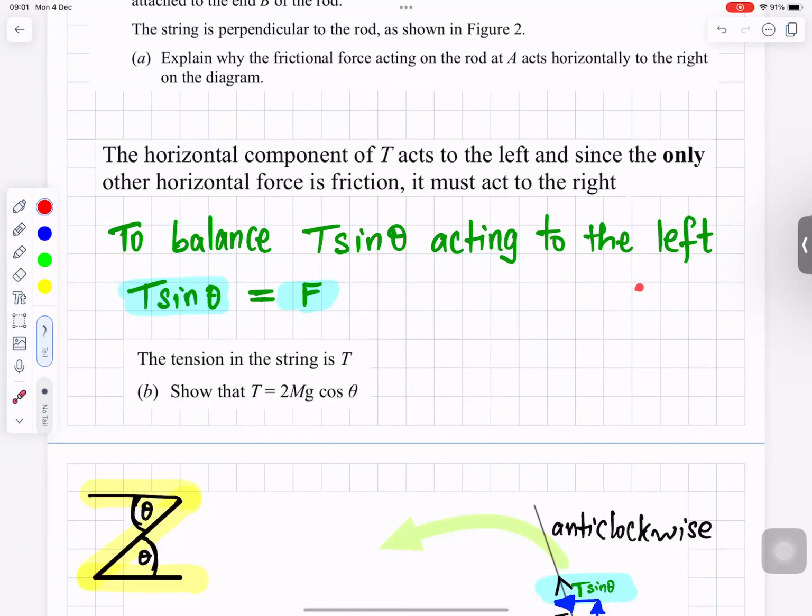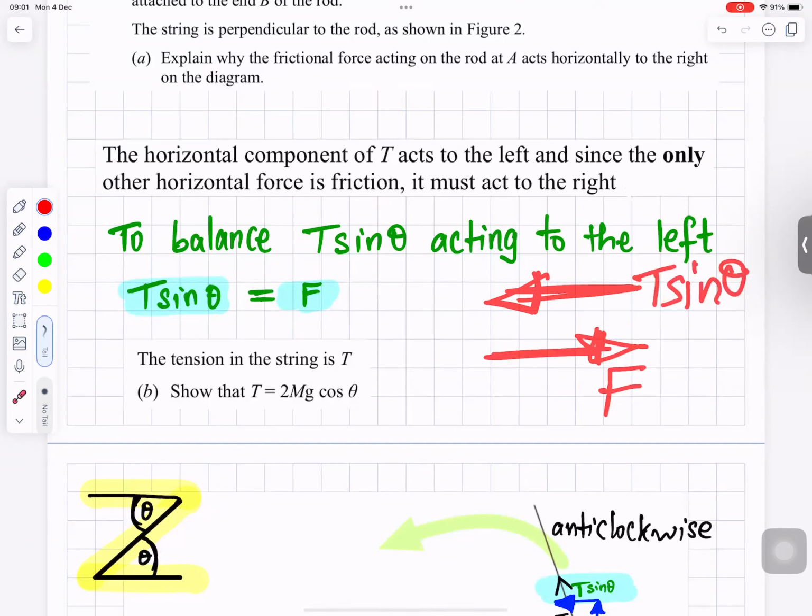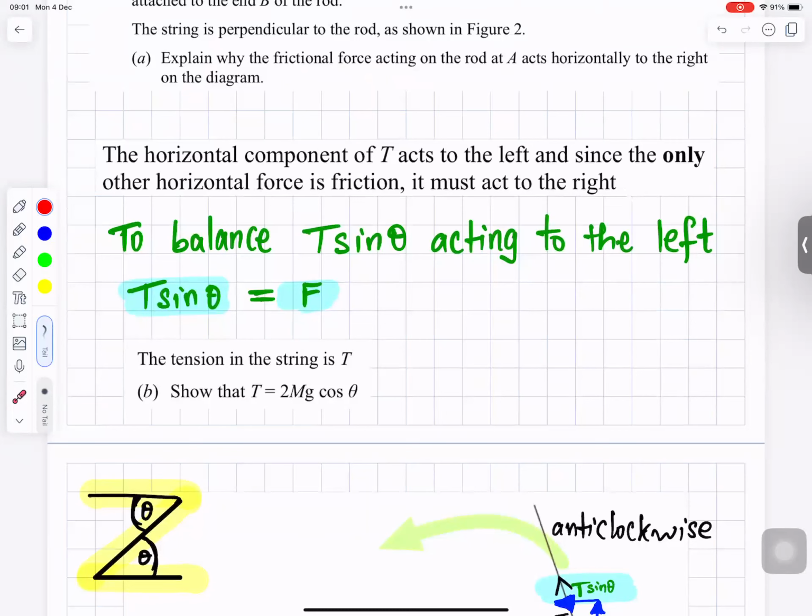So they are equal, so it doesn't move. If this is 4 newtons, this will be 4 newtons. Very important, to balance the force acting at the top.